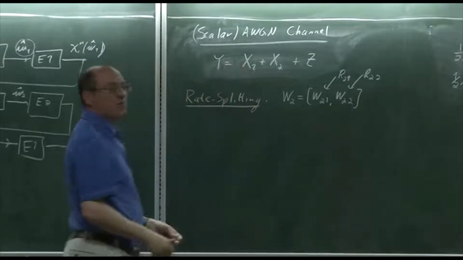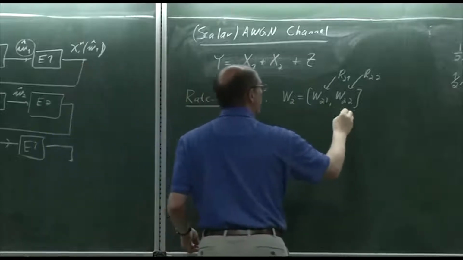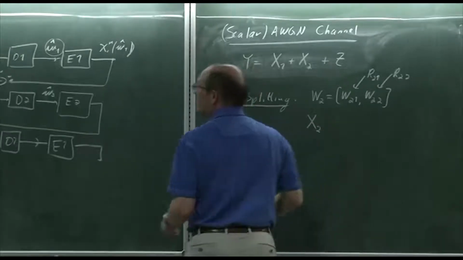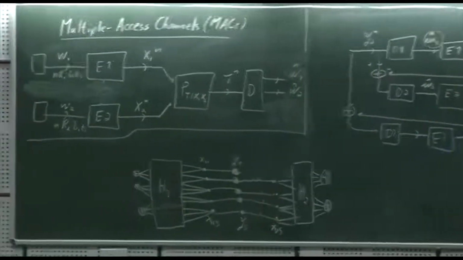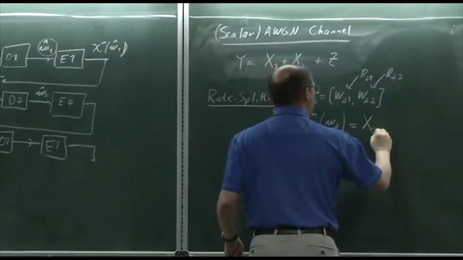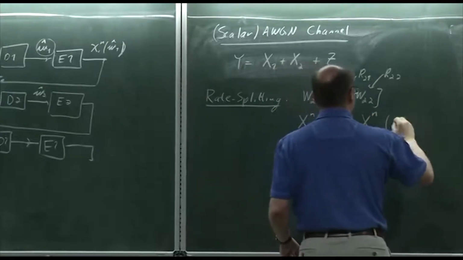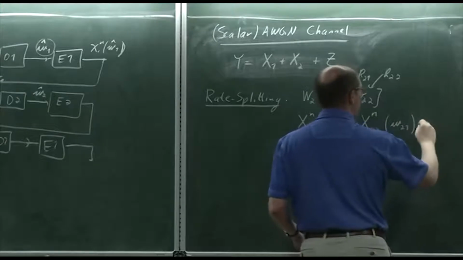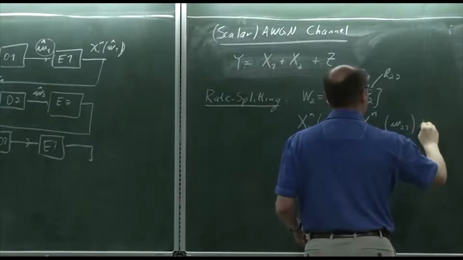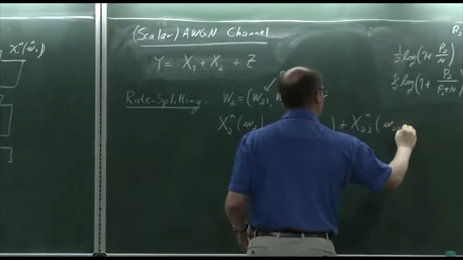So x2 of W2 will be x21^n(W21), so we'll use superposition coding, times some power level we can choose later, plus x22^n(W22).